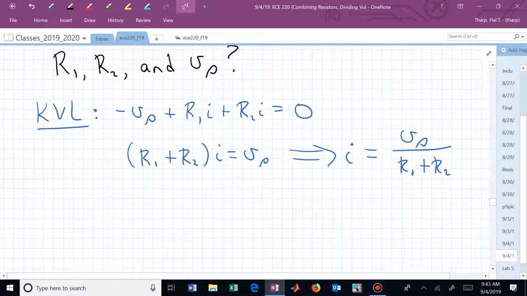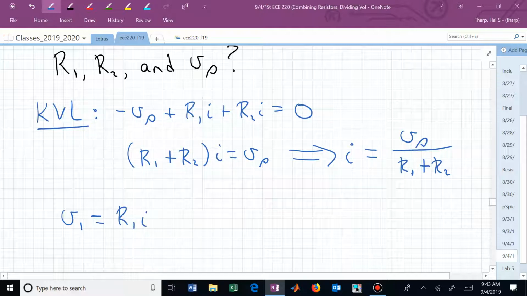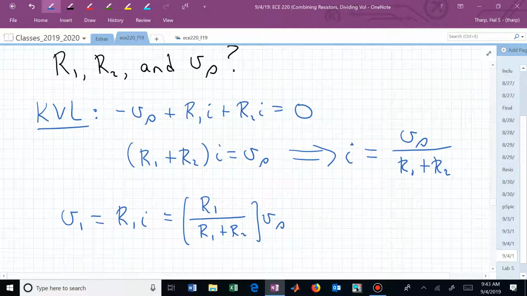What does that mean we have for V1? V1 is now R1 times I, but that's now R1 over R1 plus R sub 2 times V sub s, using our formula for I and pulling out V sub s from 1 over R1 plus R2.